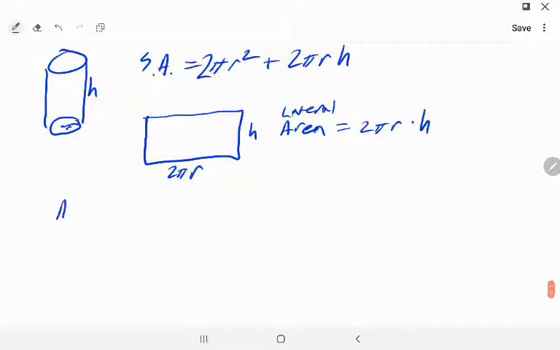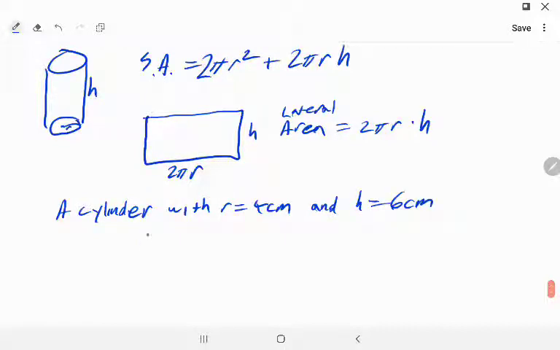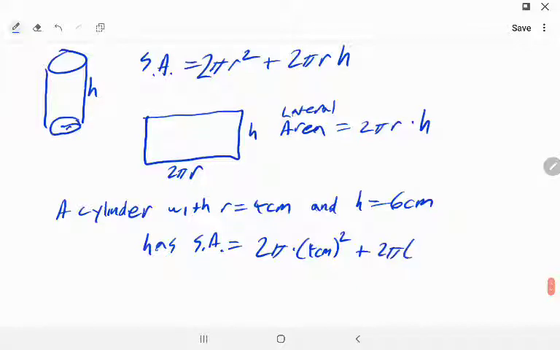And so a cylinder with radius of 4 centimeters and height of 6 centimeters has surface area equal to 2 pi times 4 squared. So we have 2 pi times that 4 centimeters squared, plus 2 pi times 4 centimeters times 6 centimeters.